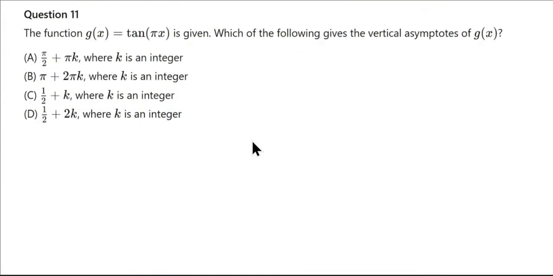All right, let's talk about vertical asymptotes. Now, this is again something important. In fact, knowing the conditions for the vertical asymptotes of tan, cot, secant, and cosecant. Sinusoidal curve doesn't have vertical asymptotes, right? We know that, so don't worry about that. But for these, you have to know the condition for the VAs.